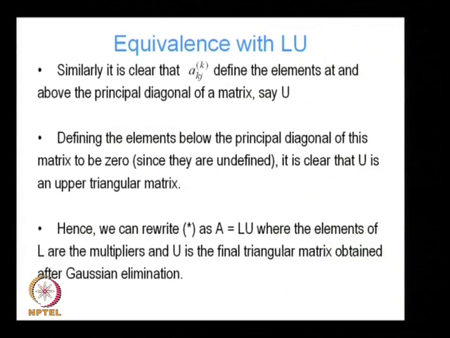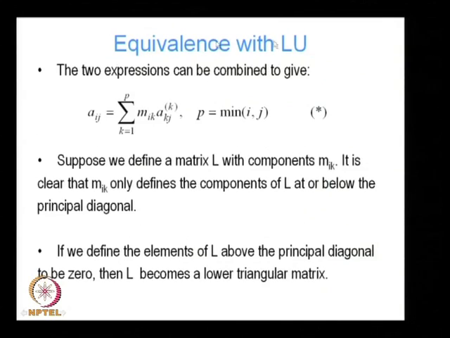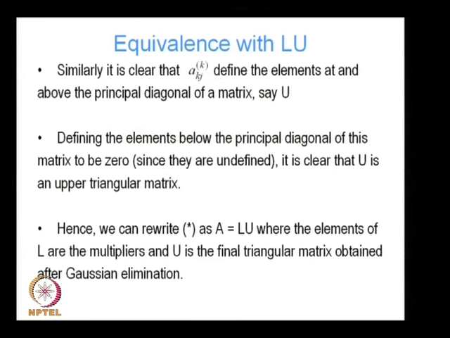Recall that this expression that we obtained was from our usual Gaussian elimination; we did not do anything special to get here. So this is what we get after Gaussian elimination, and it can be written as the product of a lower triangular and an upper triangular matrix, provided that in normal Gaussian elimination, where we just stored the upper triangular part, we now also store the multipliers m_ik in the part below the principal diagonal, which in usual Gaussian elimination is 0.